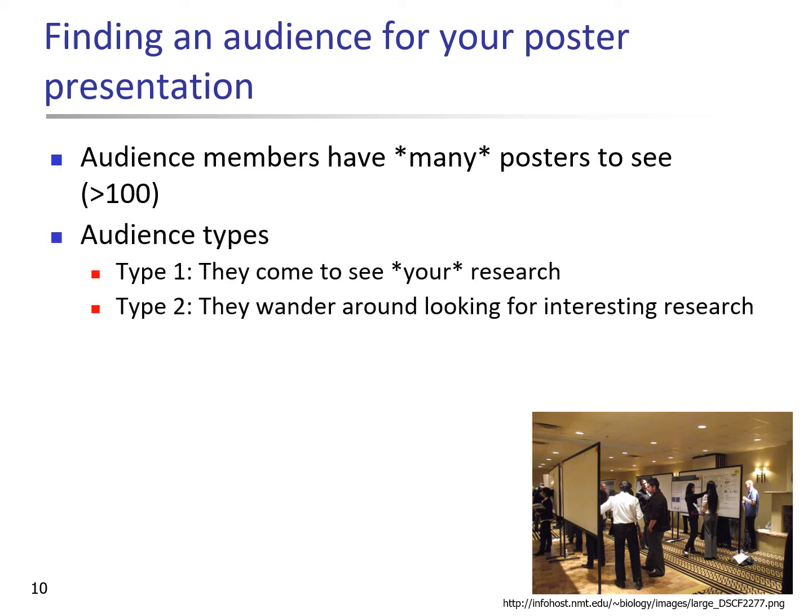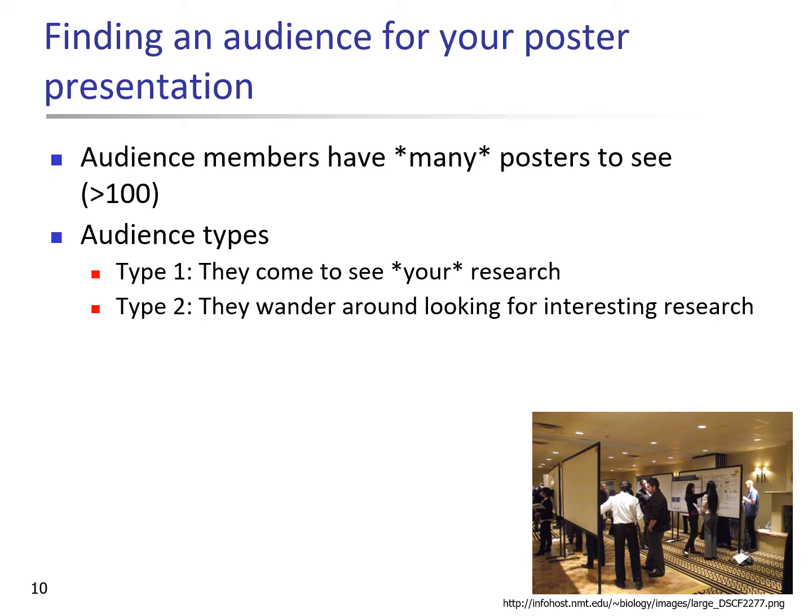So you can think of audiences as 2 types. The first type is that they come to see your research. They found your abstract in the conference proceedings, or they heard of your name, or they knew you were coming, and they would come directly to your poster and ask you. This is a very rare type of audience.